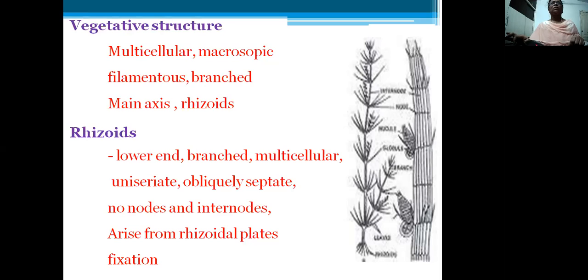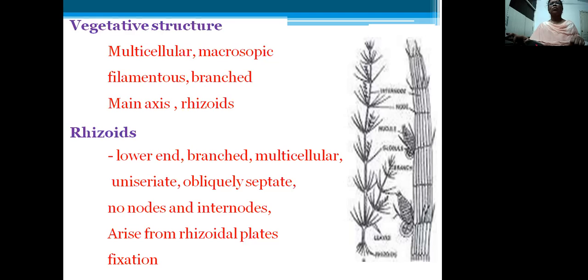The plant body is multicellular and macroscopic. It is also a filamentous branched structure. It has a main axis at the center, which shows nodes and internodes. At the nodal region, there is a cluster of leaf-like structures. They are branches of limited growth and act as vegetative leaves.